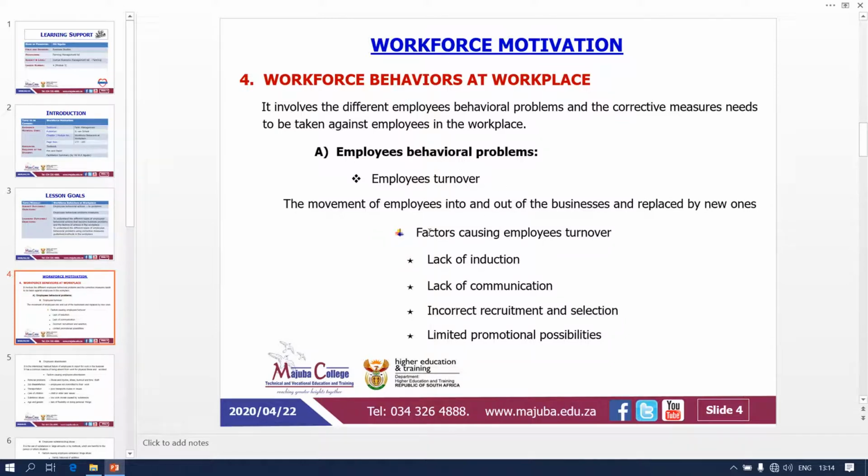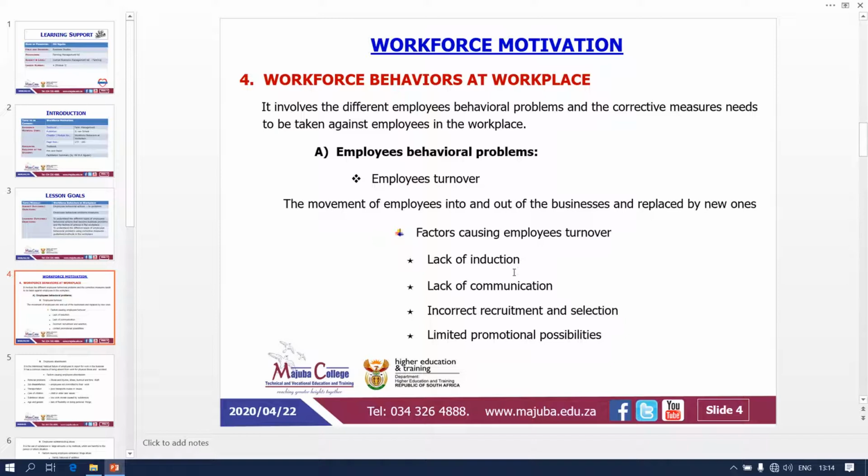Right, the first one is employee turnover, the movement of employees into and out of the business, replaced by new ones. This is the behavior that is happening around the working environment. People are resigning, going somewhere else, moving in and out. What causes that? These are such factors that we are using, but it's not limited to this.